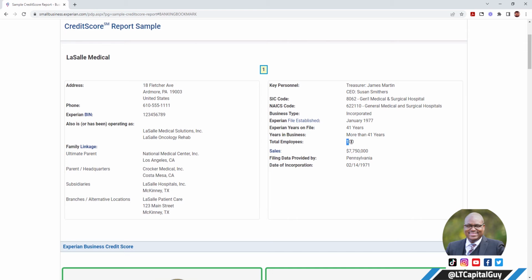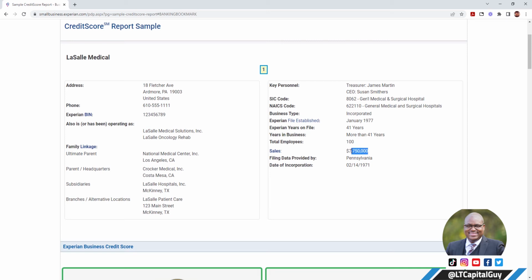Obviously, the higher, the better. The more employees you have, it's looked on more favorably, like you're actually employing people, and the lenders say, oh, okay, this is a legitimate business. But you want to try to at least have more than 0 or 1 employees, because it just looks better when you have more employees.